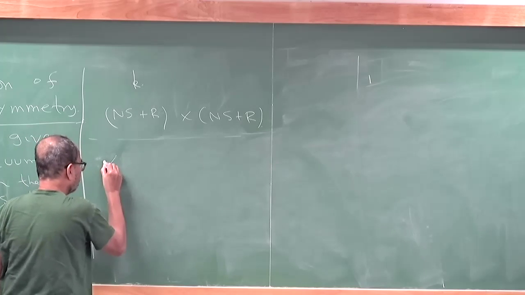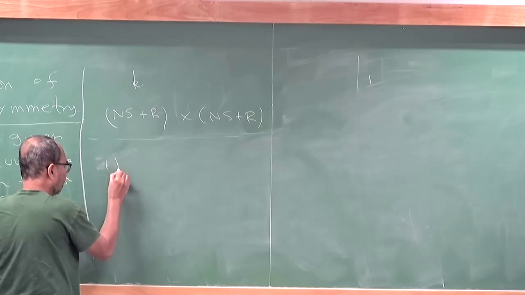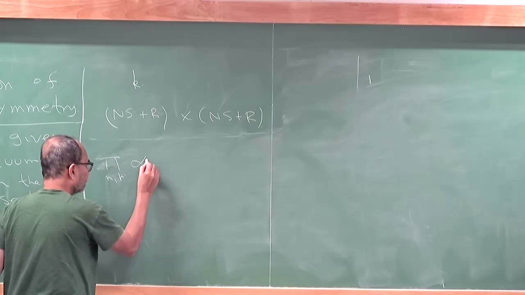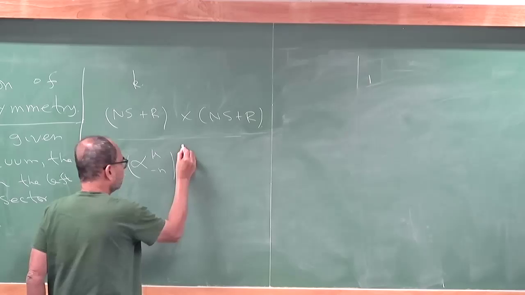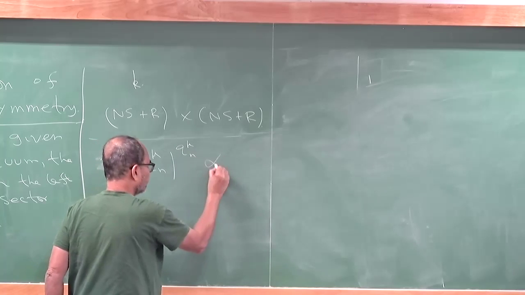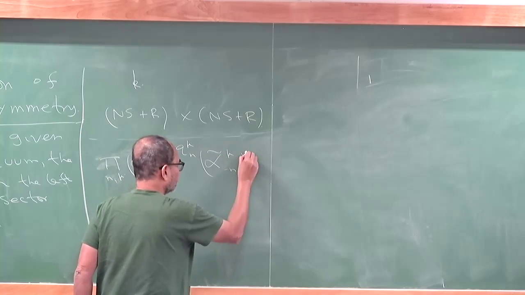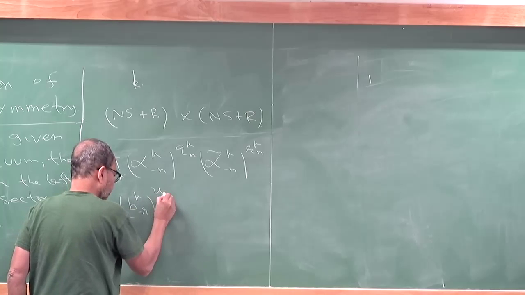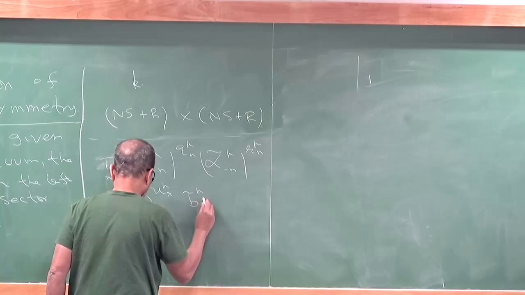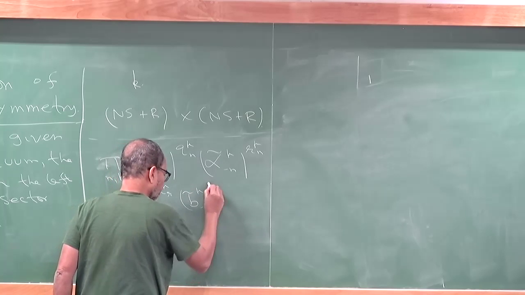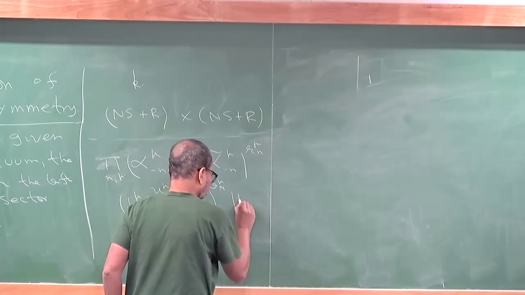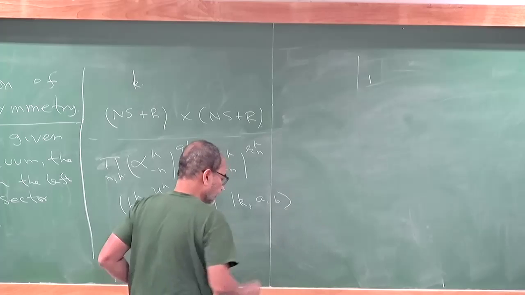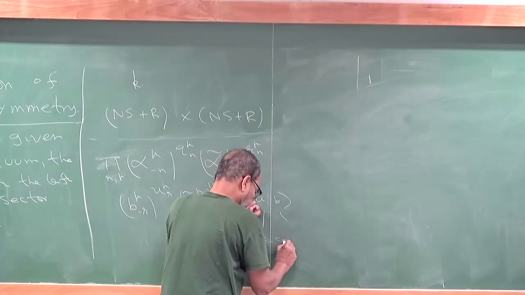Let's consider a state of the form product over mu and n of alpha mu minus n, times the Fock vacuum, and then you can have labels A and B, which are only in the Ramond sector.